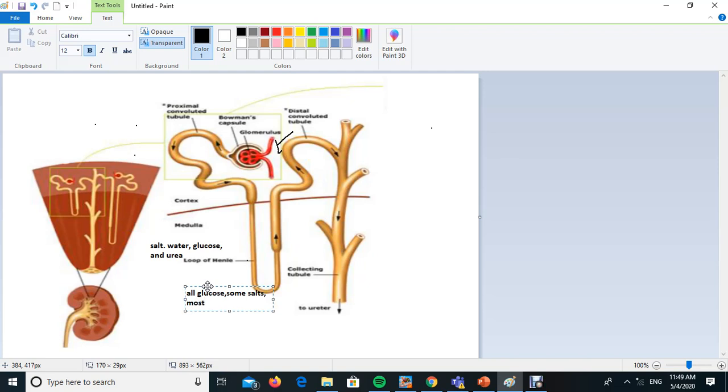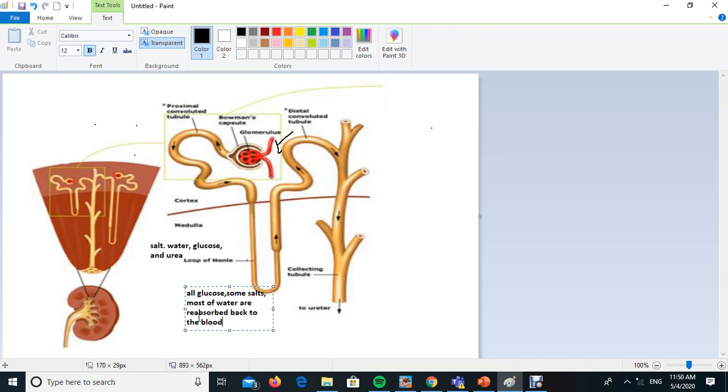Most of the water, because a high amount of water is squeezed out of the glomerulus to the nephron, so we should get it back. So these materials are reabsorbed back to the blood. So here in the glomerulus we have filtration, because the materials go out. Here at the loop of Henle, we have reabsorption back to the blood.